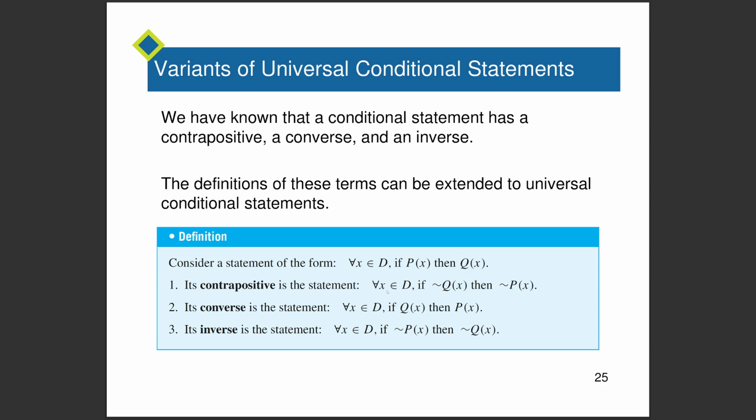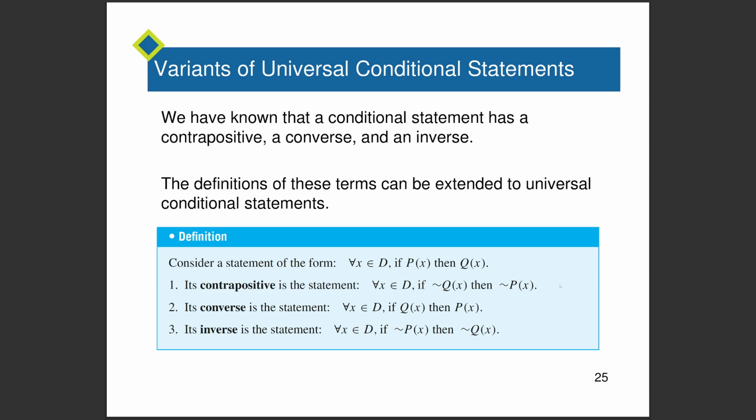So the contrapositive, and we have to learn this, is: for all x, not Q of x implies not P of x. What does this statement tell me? This statement tells me in words that the contrapositive is always logically equivalent to the original statement.